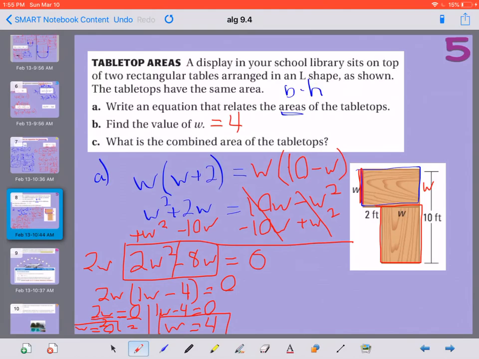So what's the combined area of the tabletops? Well, we just need to put that back into our equation.